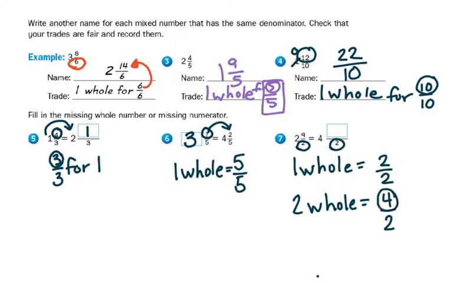So I'm going to take 4 away from that. 4 halves. Remember, we only subtract the numerator. So I'm left with 5 halves. 4 and 5 halves would be the same as 2 and 9 halves.